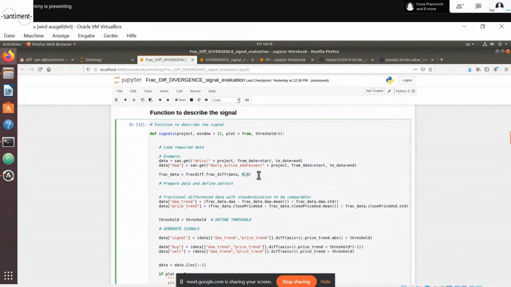In this case, it's not completely arbitrary. We know how we could find this value, in the sense that we want to look for something that is still stationary, but contains as much information as possible. So there is a way to find this parameter.